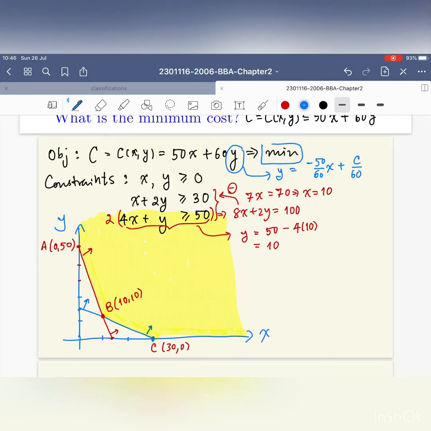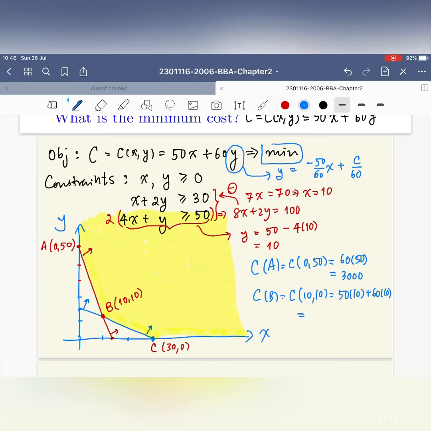So let us evaluate the cost function at A first. So it is at 0 and 50. So it is 60 and 50, right? Or it is 3,000. At your B, it is 10 and 10. So it is 50 and 10 and 60 and 10.